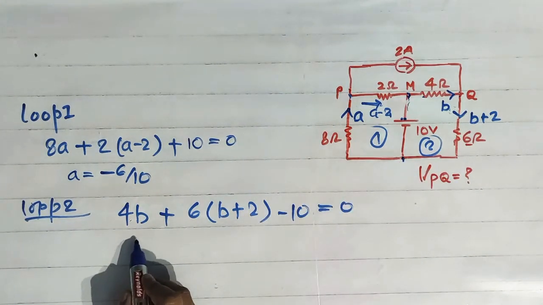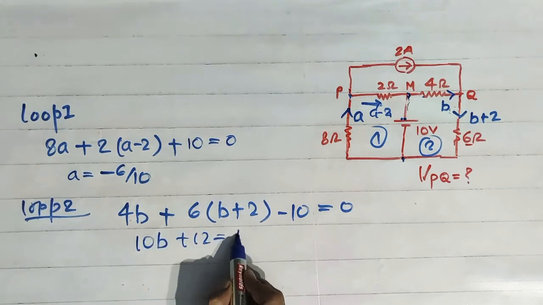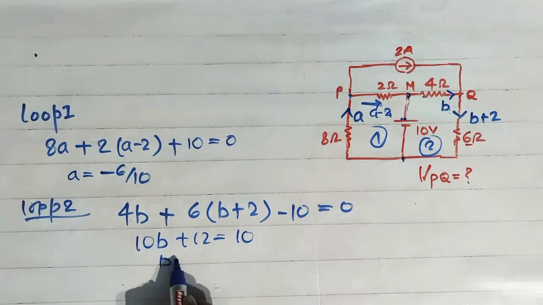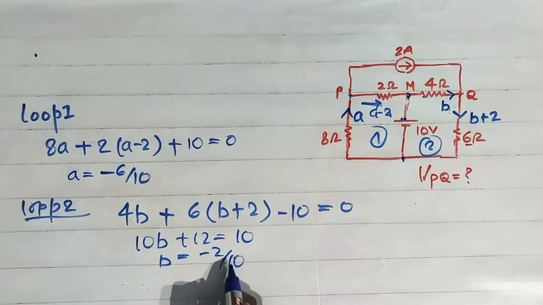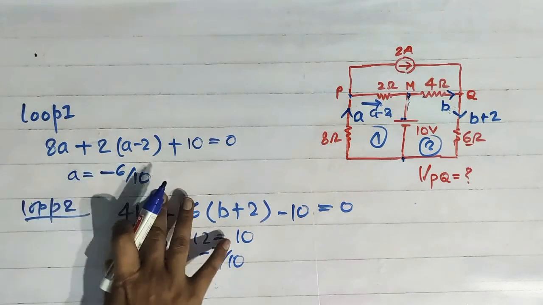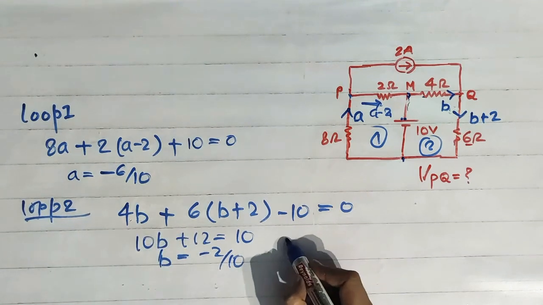So we get 10B plus 12 equals 10, so B equals minus 2 by 10. We get A equals minus 6 by 10 and B equals minus 2 by 10. Now what is VPQ?